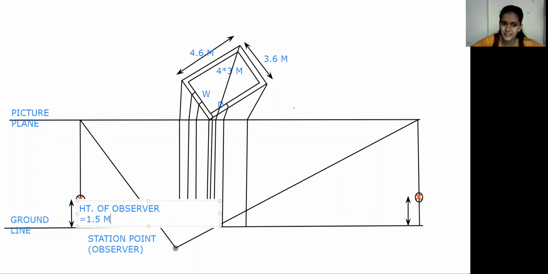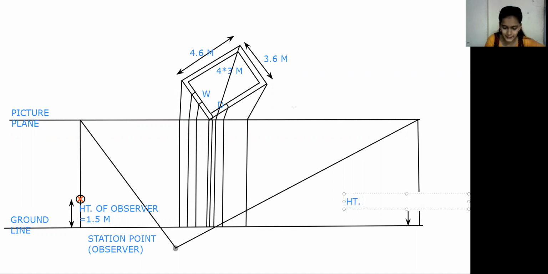As per the scale, it is 1.5 centimeter, but write meter over here. Same way, at the right side, height of observer equals 1.5 meter. Now we have two vanishing points, so write them as left vanishing point and right vanishing point.